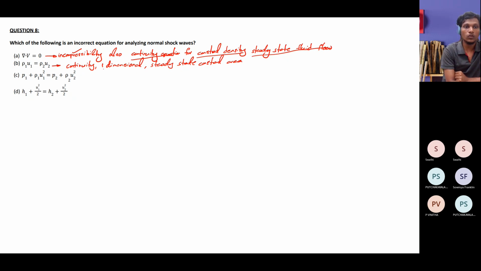This is the mass continuity equation, but it is one-dimensional, and it is applicable for compressible or incompressible flow, constant density or variable density flow, because you have rho 1 and rho 2, two different densities.